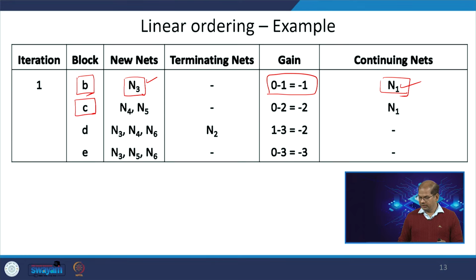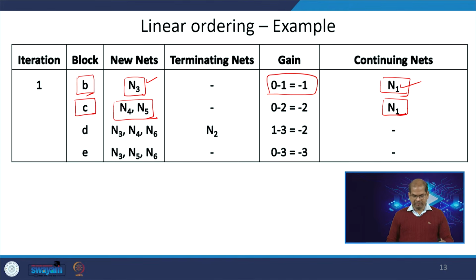If you can go here, these N4 and N5 are my new nets. And what is my continuing net? Obviously, this N1 is my continuing net, because this N1 is connecting between A, B and C, as we have seen in the previous diagram.